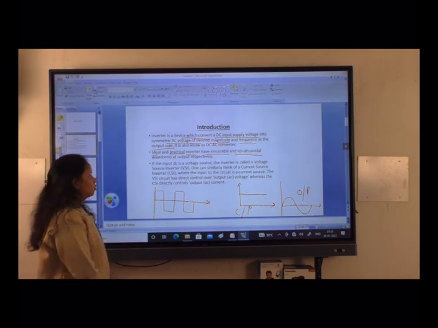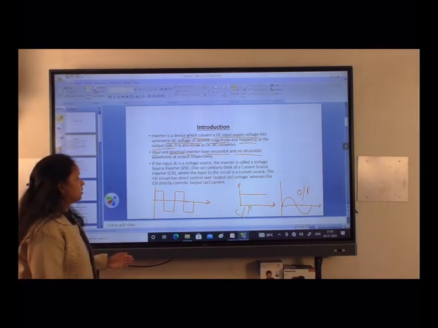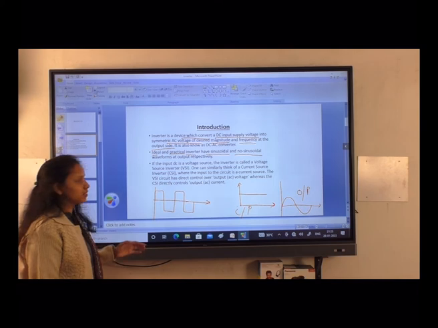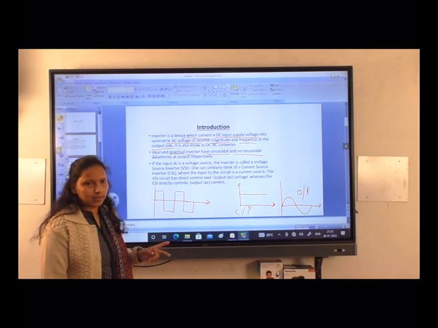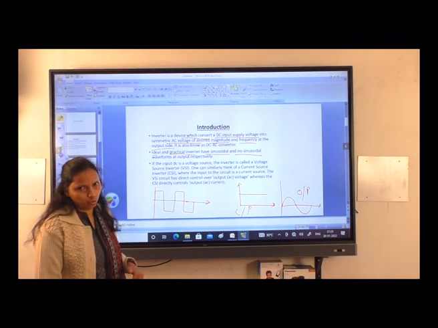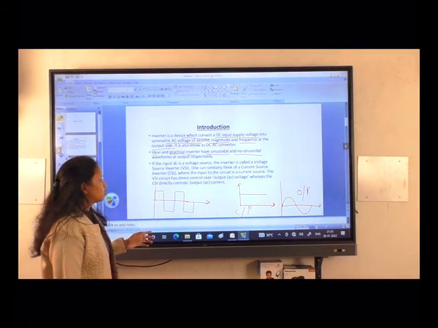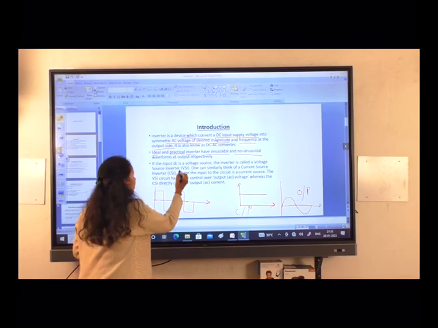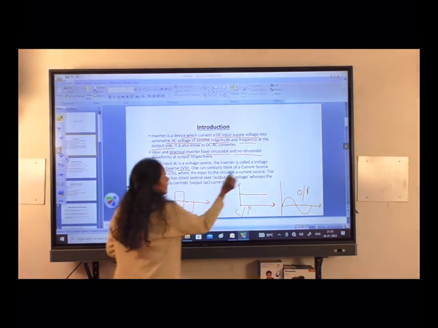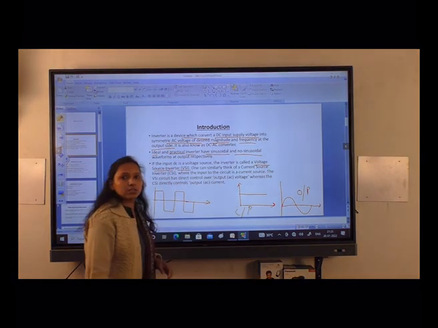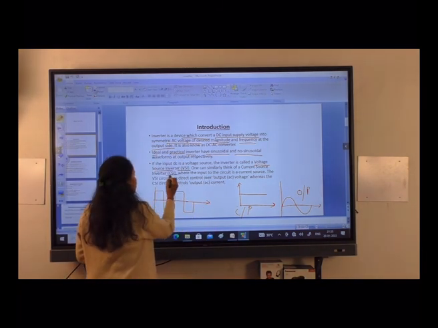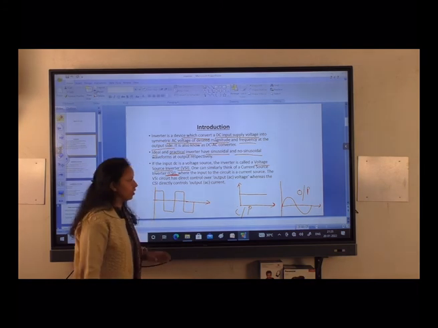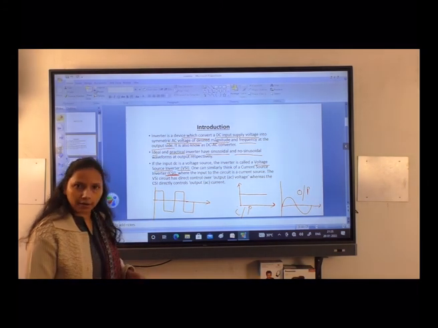Understood? In the case of an inverter there are two categories of inverters, the voltage source inverter and the current source inverter. When the source is a voltage source, it is a voltage source inverter, named VSI, and when the source is a current source, it is named CSI, current source inverter. Here the input to the circuit is a current source.